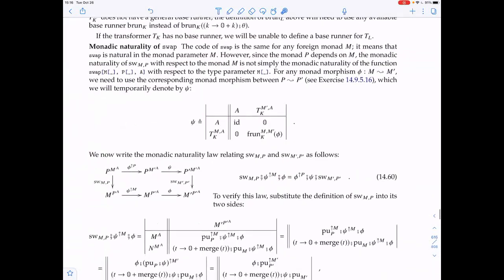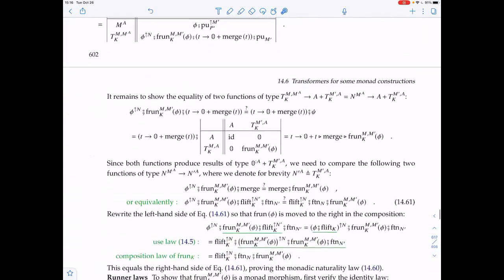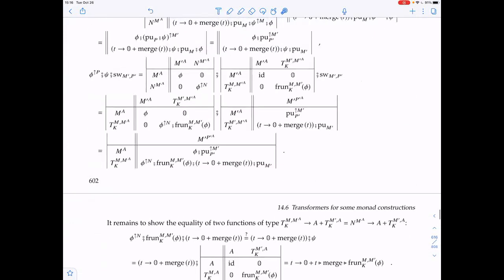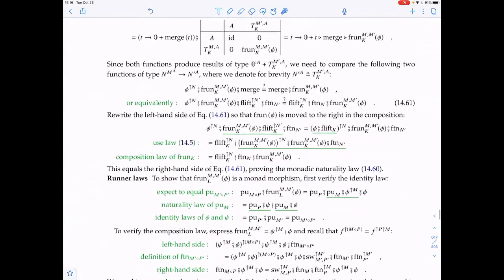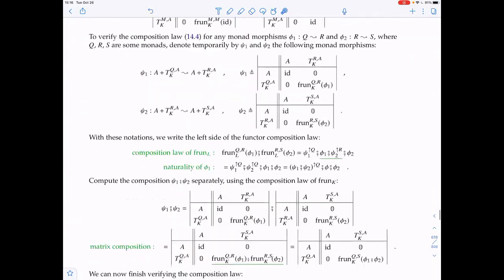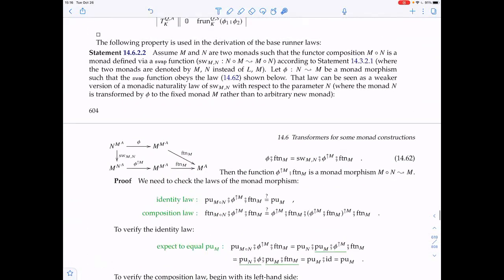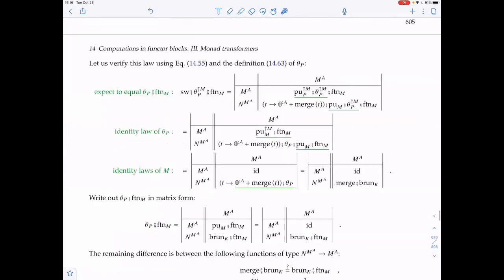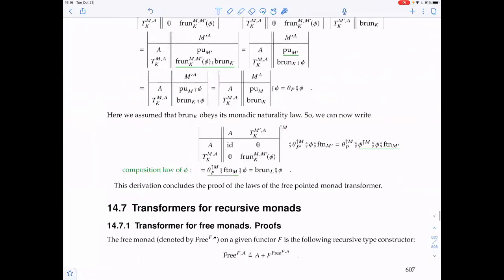So this is the proof. You have to prove all those things. You see a lot of matrices here because there are a lot of coproducts in the definitions. And so the matrices allow you to look at what types you have everywhere and check the types much easier. The input types match the output types. So these computations finally give you the monad transformer for the free pointed monad.